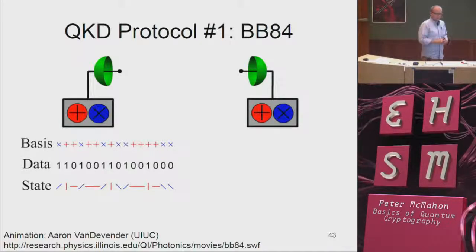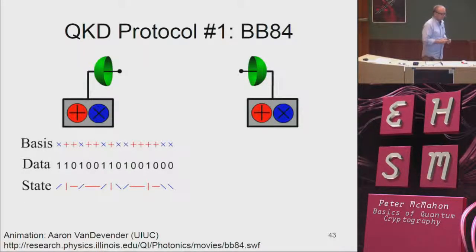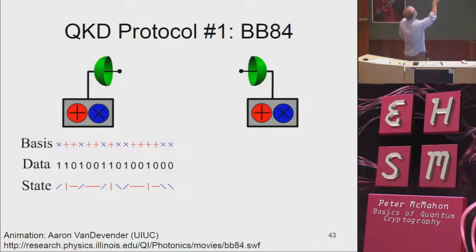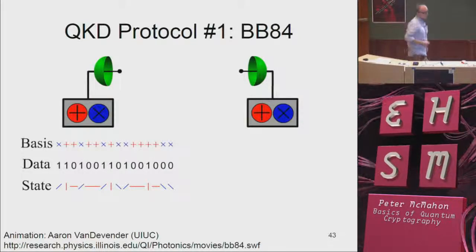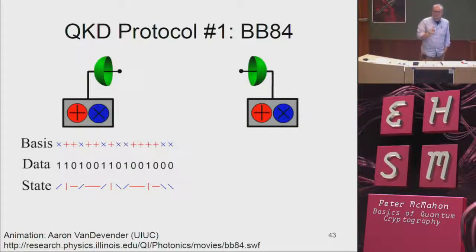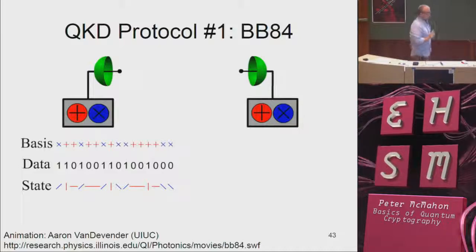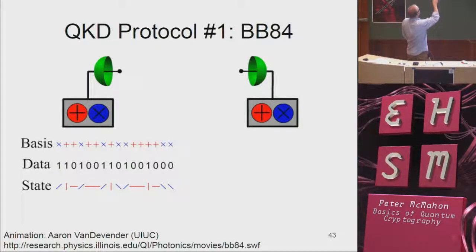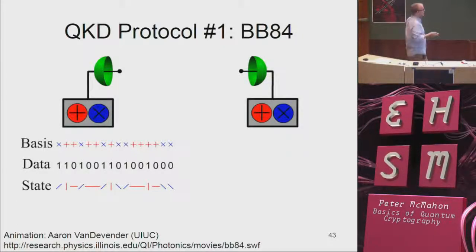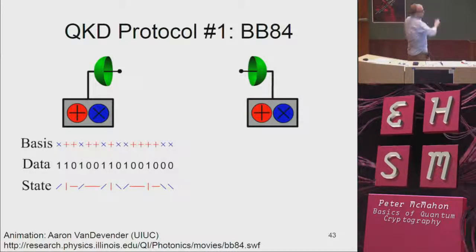And the way that this works is that there's a quantum channel here between Alice and Bob, and in this channel we're going to send photons that have some polarization. Alice starts off by deciding randomly to polarize photons in either the diagonal basis or the linear basis.